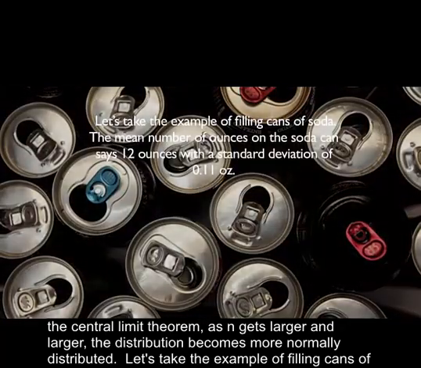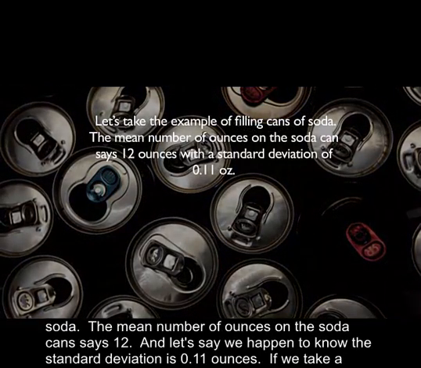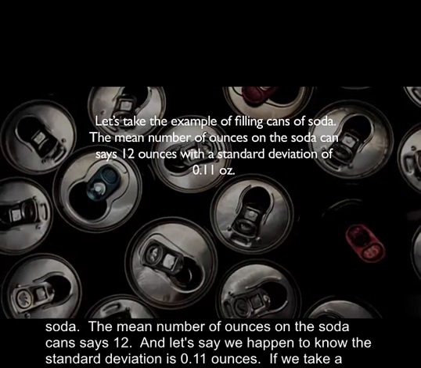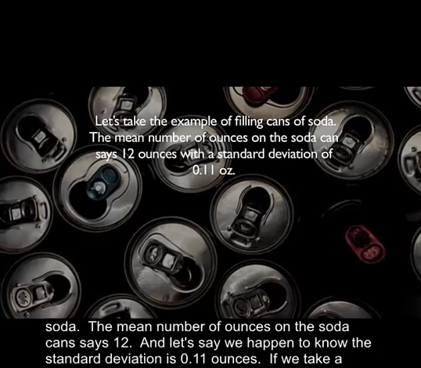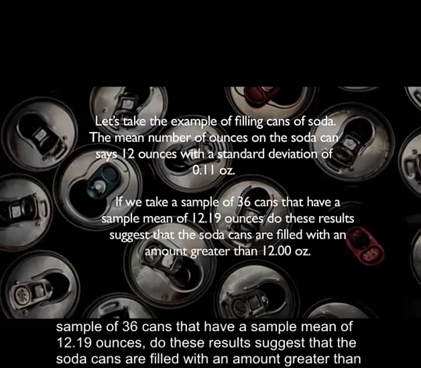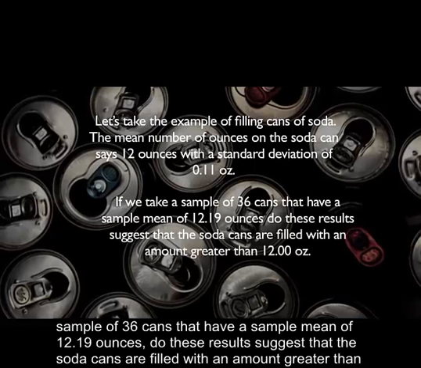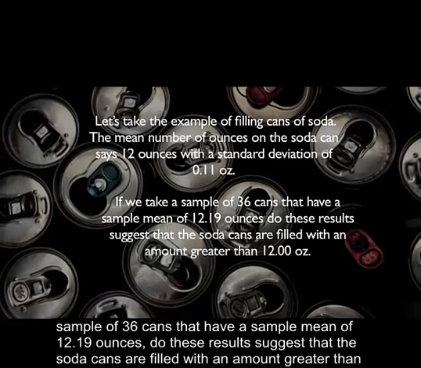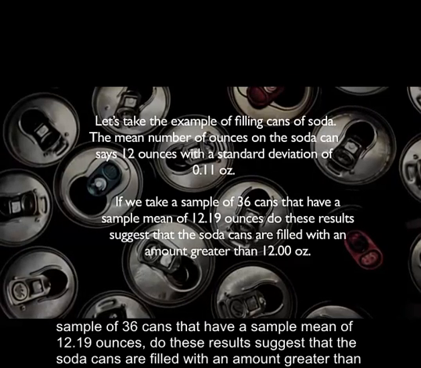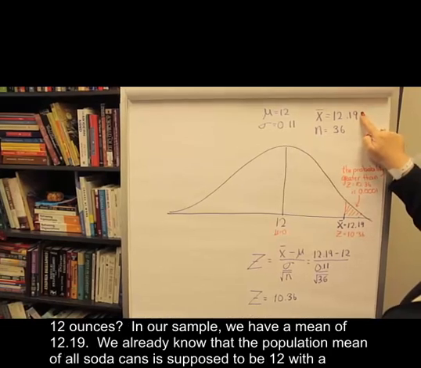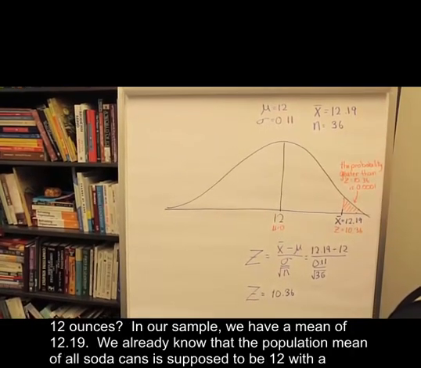Let's take the example of filling cans of soda. The mean number of ounces on the soda can says 12. And let's say we happen to know that the standard deviation is 0.11 ounces. If we take a sample of 36 cans that have a sample mean of 12.19 ounces, do these results suggest that the soda cans are filled with an amount greater than 12 ounces? In our sample, we have a mean of 12.19.